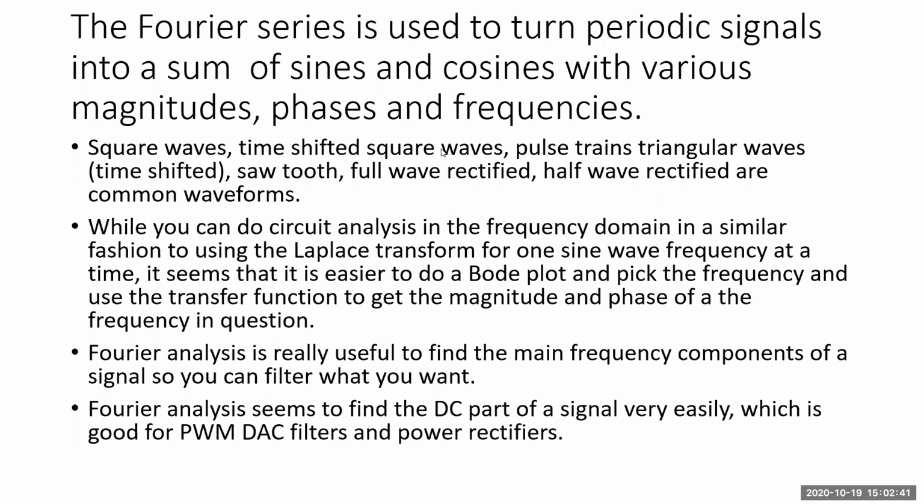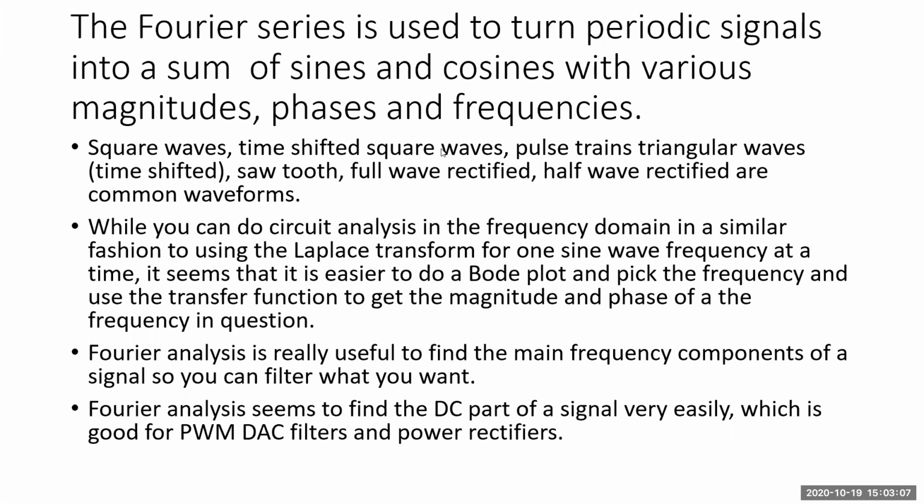And you can turn anything into a signal that repeats. So let's say you have a favorite song and you just have it on repeat, right? Well, now that your song is a repeating periodic signal, you can take the Fourier transform, or take the Fourier series of it. All right.